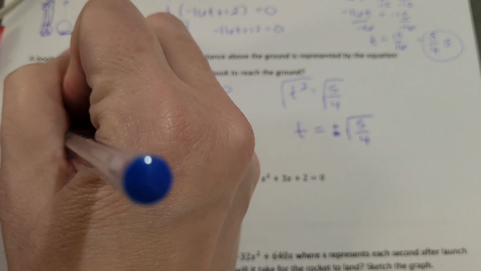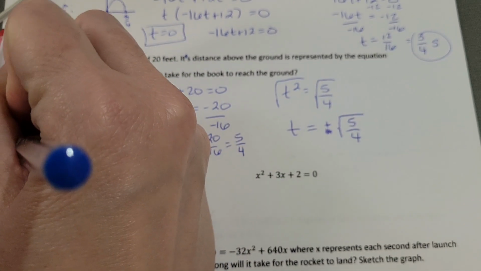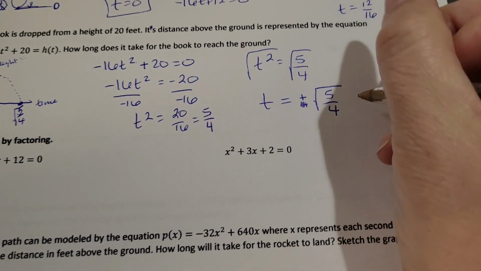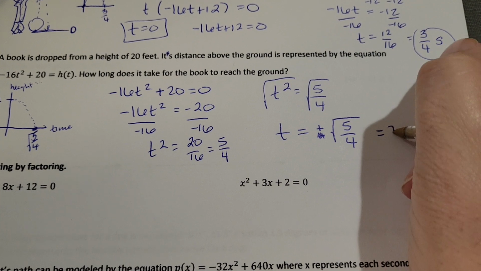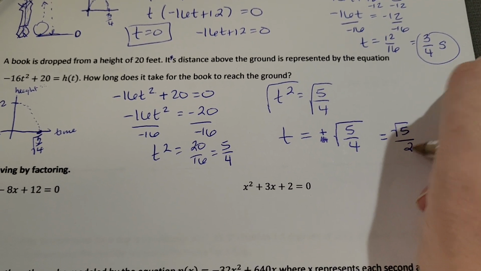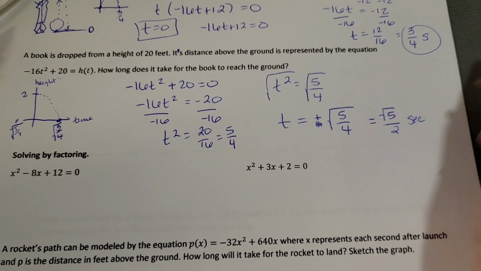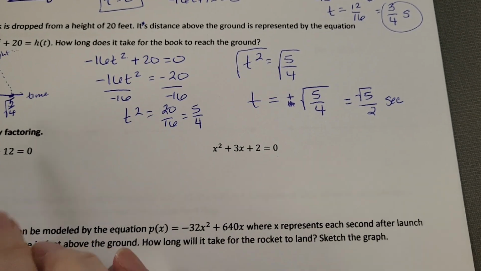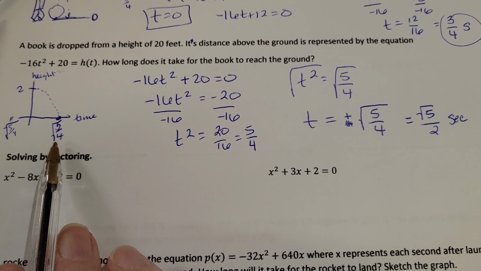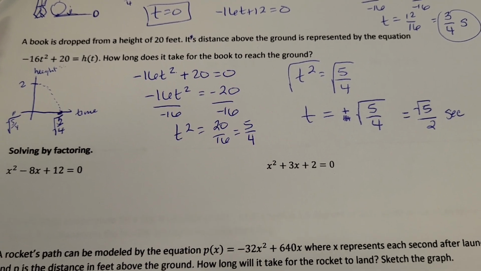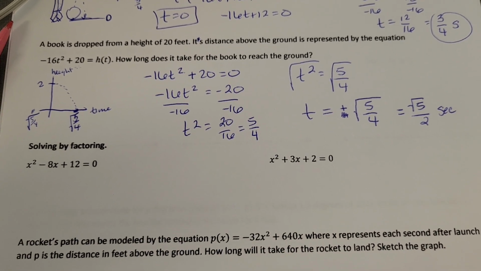We care about the positive, when the book hits the ground. And you also could simplify this because 4 is a perfect square. You could say the square root of 5 over 2 seconds, but either one is fine. So that book hits the ground at the square root of 5 over 2 seconds, which is, I think, a little bit more than a second.